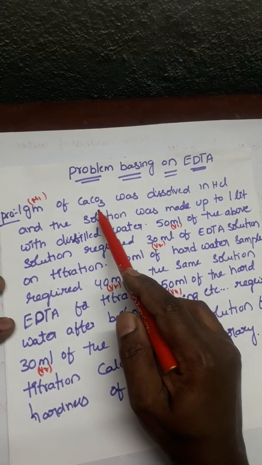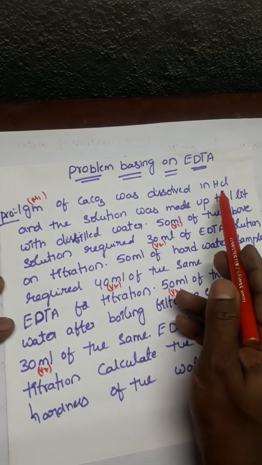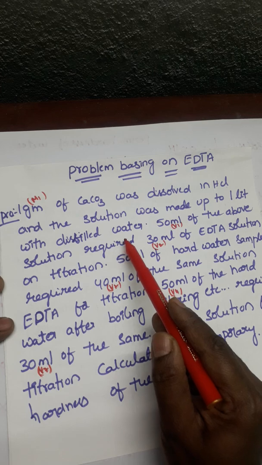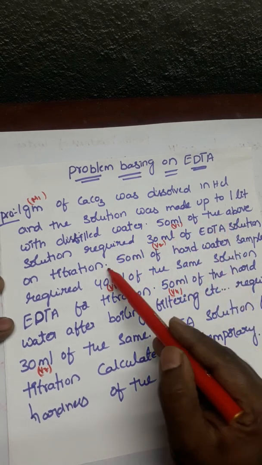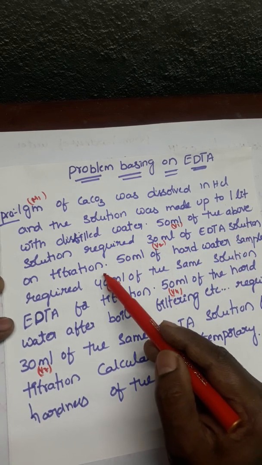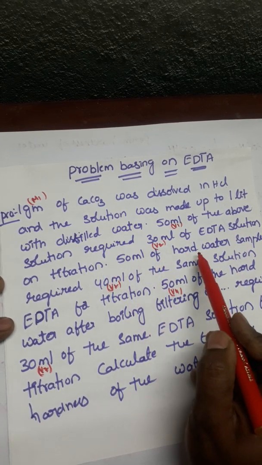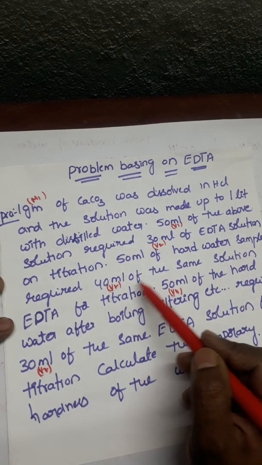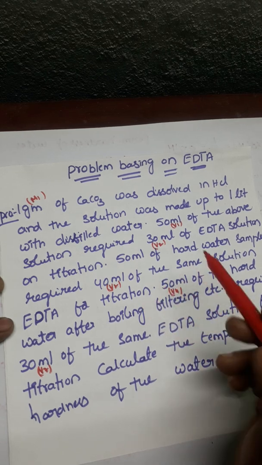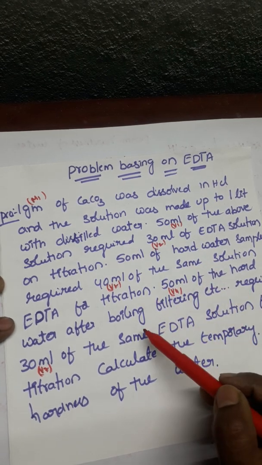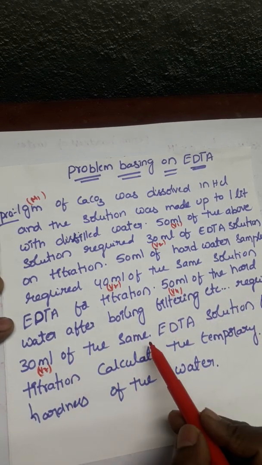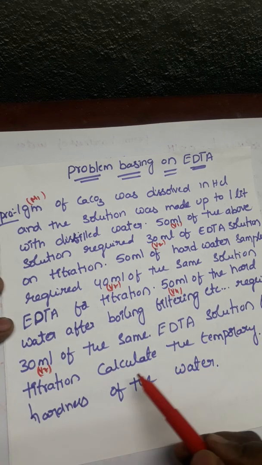Here 1 gram of CaCO3 was dissolved in HCl and the solution was made up to 1 liter with distilled water. 50 ml of the above solution required 30 ml of EDTA solution on titration. 15 ml of hard water sample required 40 ml of the same EDTA solution for titration. 50 ml of the hard water after boiling, filtering, etc. required 30 ml of the same EDTA solution for titration.